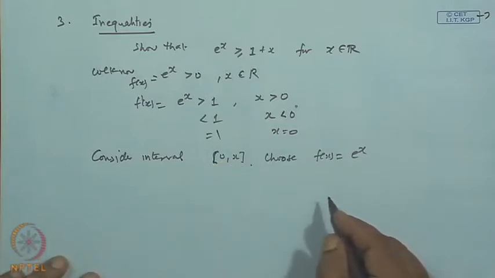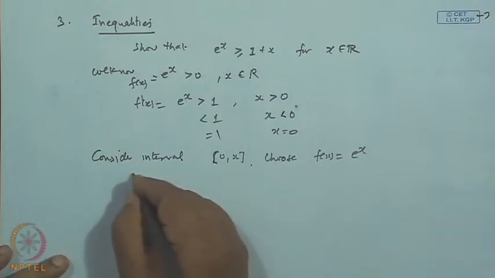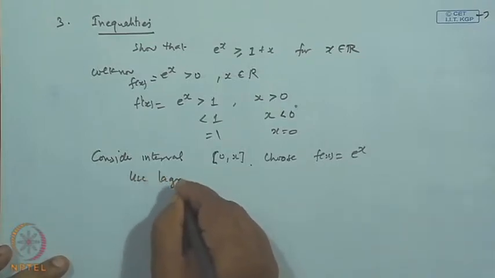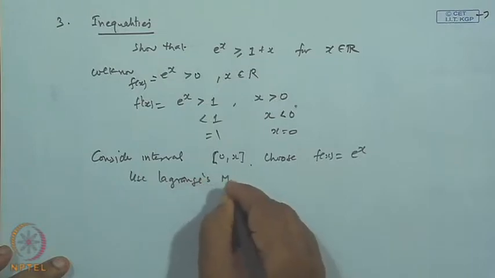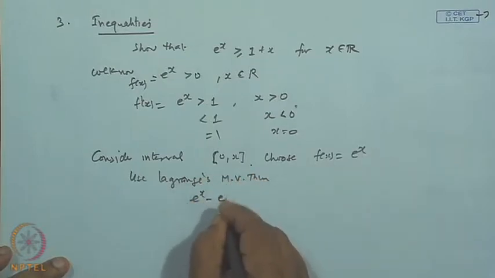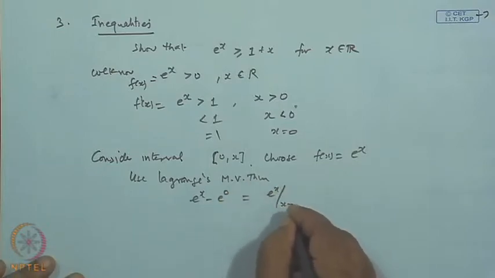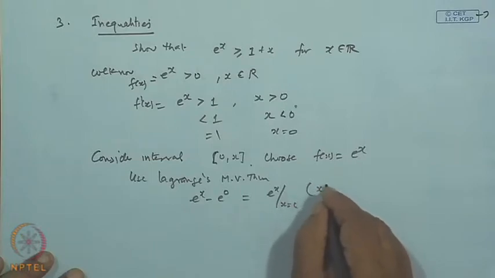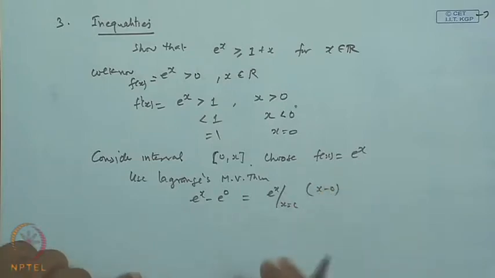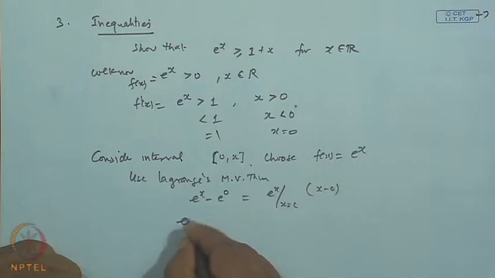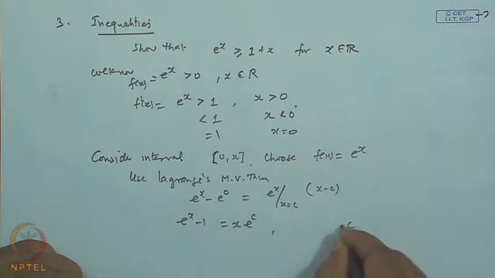So, by Lagrange's mean value theorem, the value of the function at the end point is equal to the derivative of the function at the point x equal to c into the length of the interval. So, we get e to the power x minus 1 is equal to e to the power c into x, where c lies between 0 and x.